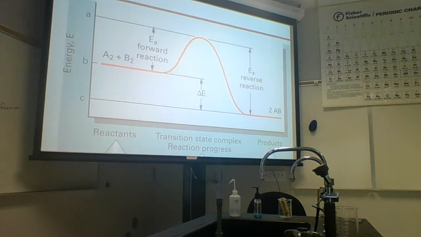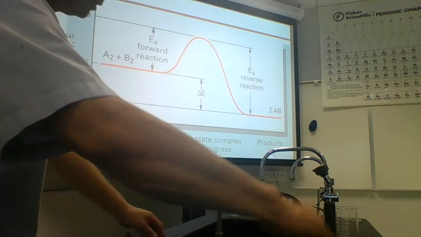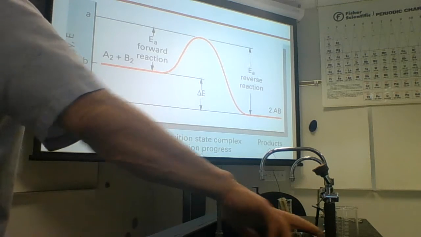Once they've gone over the hump, in other words, once they've gone over the activation barrier, or activation energy, they're going to make these stable products. When they make these stable products, that releases a huge amount of energy. And so this drop in energy here to here is going to sustain the followers. We just need to get the pioneers over, and then there's enough energy to sustain the reaction. So we don't continually have to heat it. The reaction's being heated by itself.